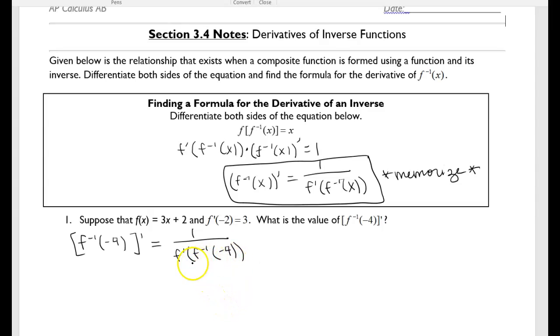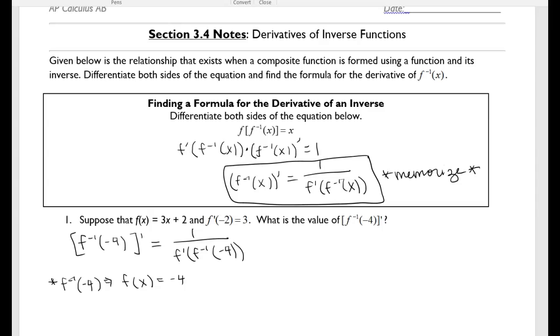Now we'll need to figure out what f inverse of -4 is first. And so let's just do that over here. F inverse of -4. So if the x value here is -4, for f of x that would be the y value. So that would mean f of x is equal to -4.